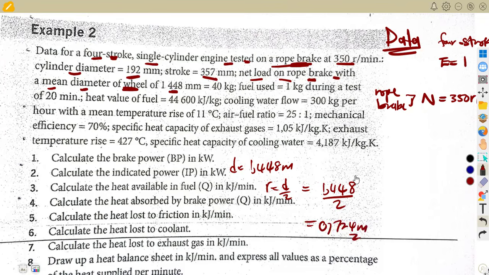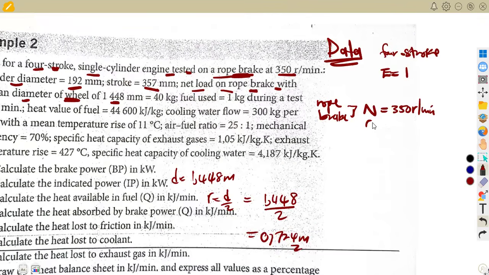So from this rope break condition, we also have the radius, which is 0.724 meters. And what else? The mass there, because this is the rope, the net load is 40 kilograms.